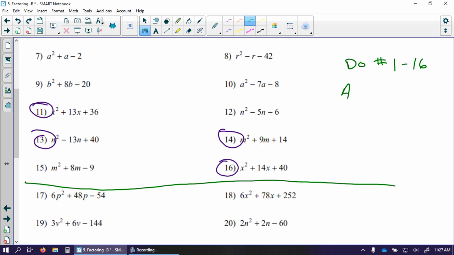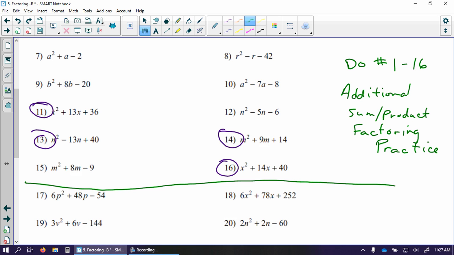And then there is an additional sum product factoring practice. So you have the remainder of the period once you get through the notes to work on that. And we'll go over the answers to those on Tuesday.